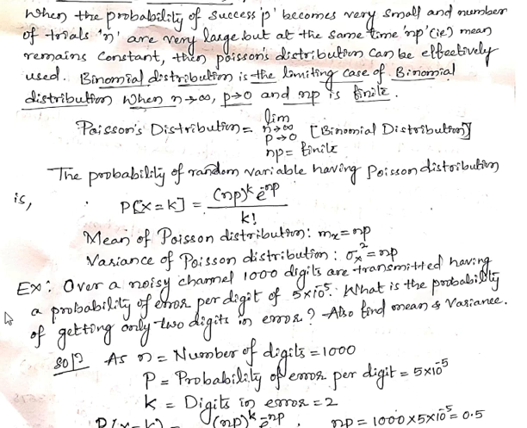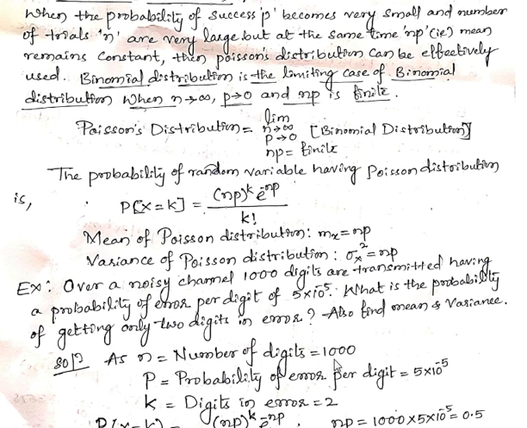There it was 0.01, where 5 digits were transmitted and the probability of error per digit was 0.01, but this 5 into 10 raised to minus 5 is much less than 0.01. So what is the probability of getting only 2 digits in error? Same problem, but for different values of n and the probability of error. Also find the mean and variance.